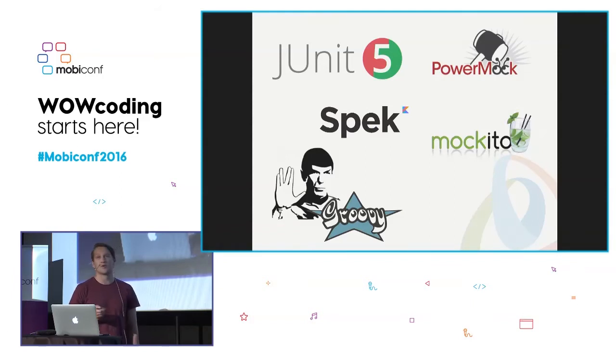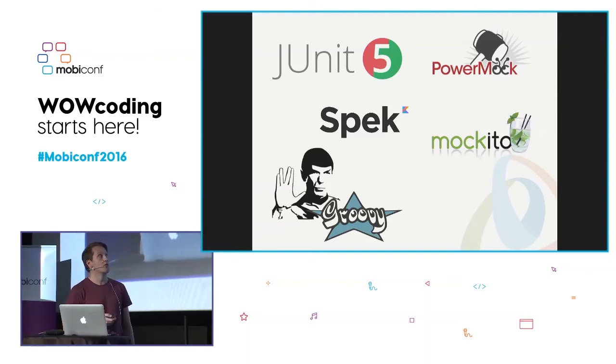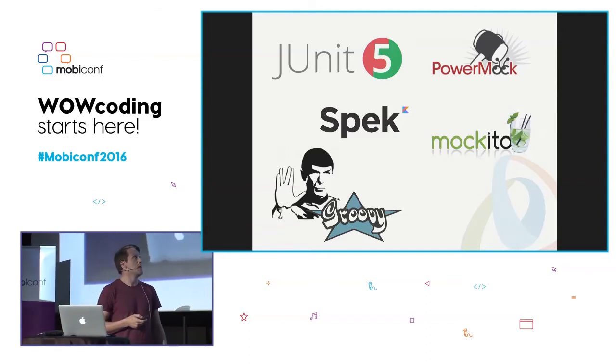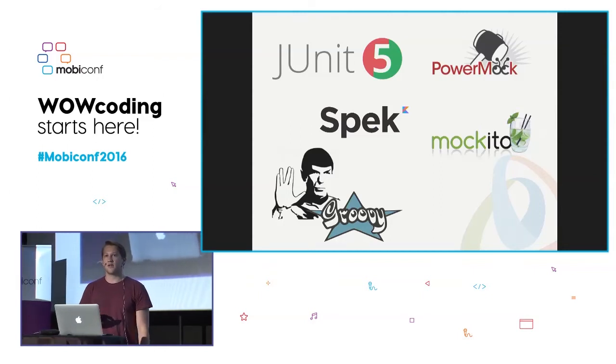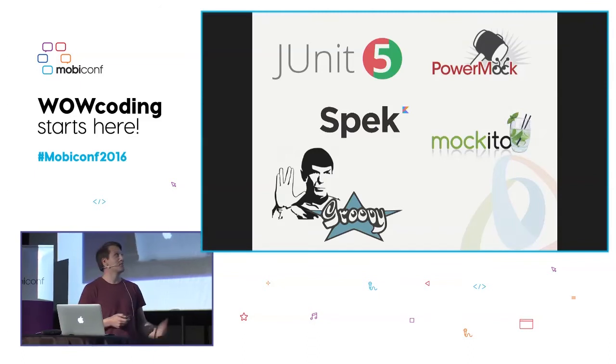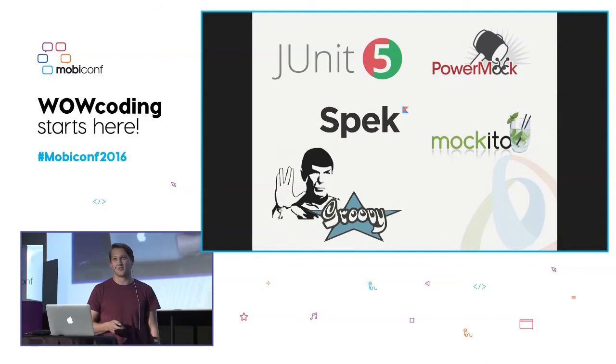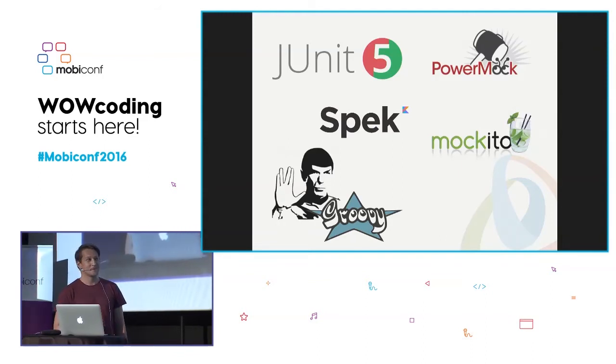I haven't used it in production, so I cannot tell you anything new or anything useless. And we have the Spock framework. Spock doesn't have any icon or logo, so I made one up. I thought it would be really cool to have Spock in the logo together with Groovy, because it's written in Groovy. So this is my imagination right here.